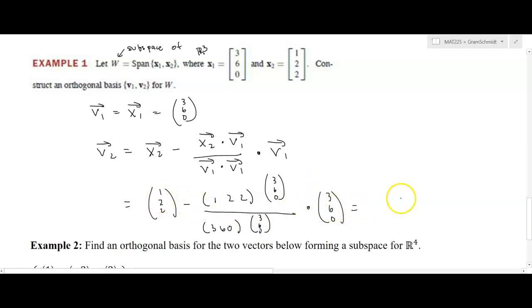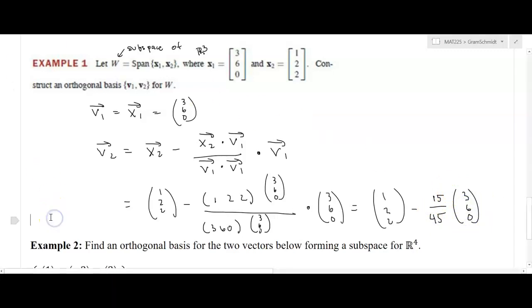So this gives us the 1, 2, 2 vector. Here we'll get, let's see, 3 times 1, so that's 3, plus 12 is 15. So we'll have minus 15 over, this will give us 9 plus 36 is 45 times the 3, 6, 0 vector.